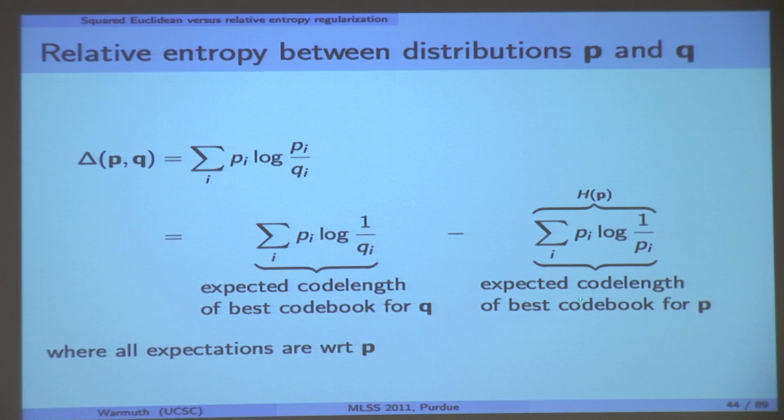This is the expected code length if you use the wrong code book, Q's code book, but you measure the expectation with respect to P. Since this is the best, it's going to be bigger than 0. So it's the expected additional code length. That's what the relative entropy is: the expected additional code length that you get by using the wrong code.